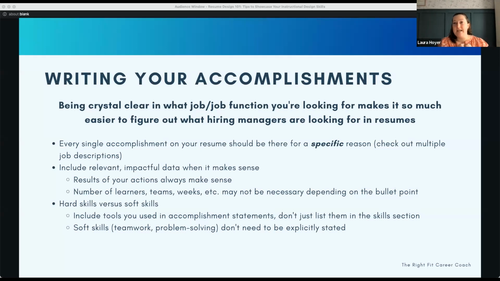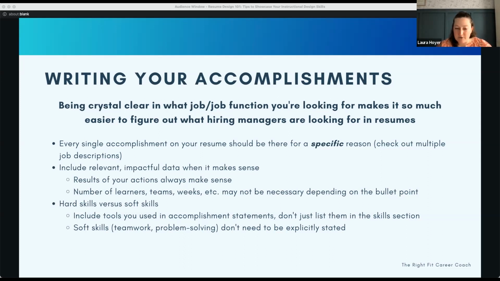So for example, is it worth us paying for an instructional designer, let's say, I don't know, $1 million a year, just if that's not what we make, but is it worth paying $1 million a year for an instructional designer to get us these results? So you want to articulate to them what results you have achieved in the past with the skills related to the job.